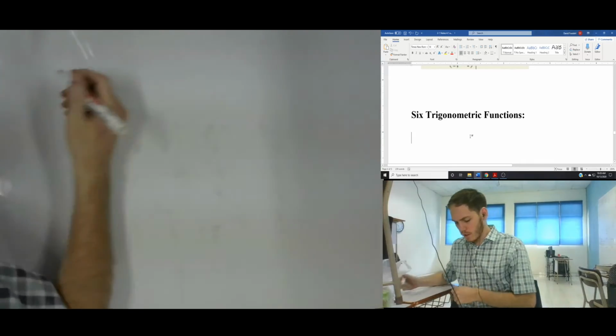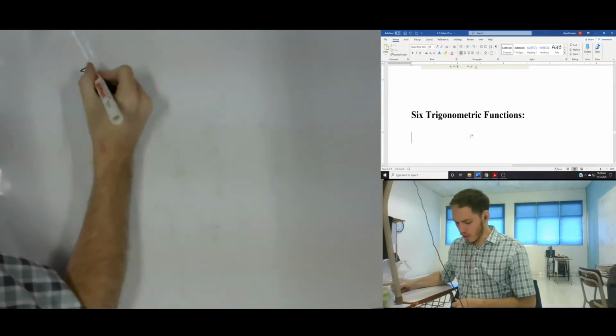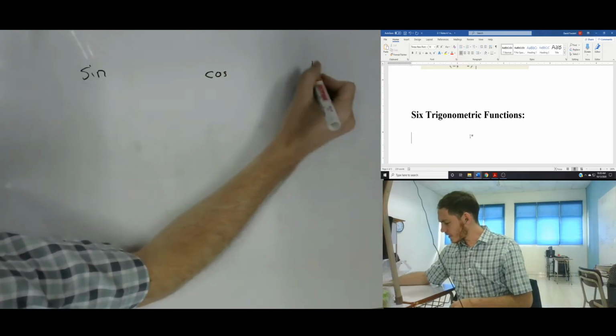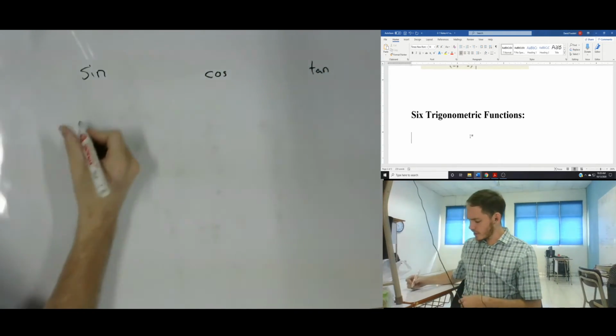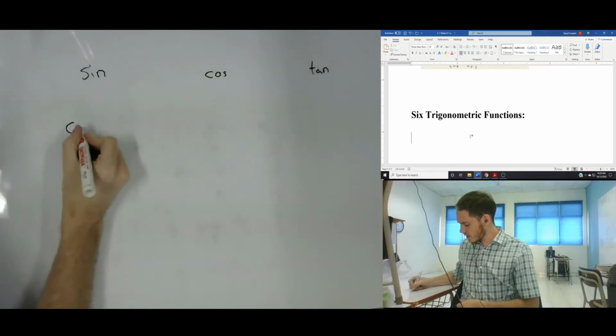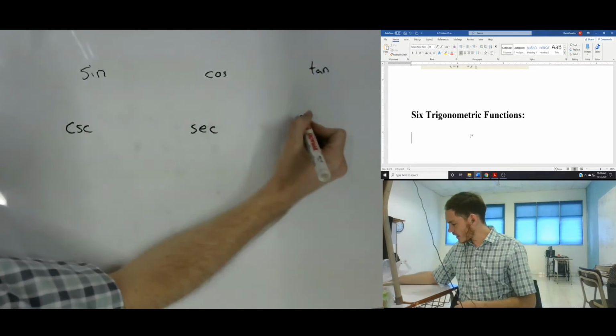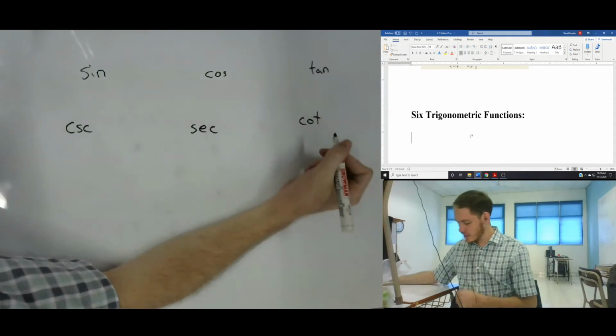This is what we're going to apply to our 6 trig functions. What are our 6 trig functions? Well, the 6 trig functions are sine, cosine, tangent, then the ones related to them: cosecant, which is related to sine, secant, which is related to cosine, and cotangent, which is related to tangent.